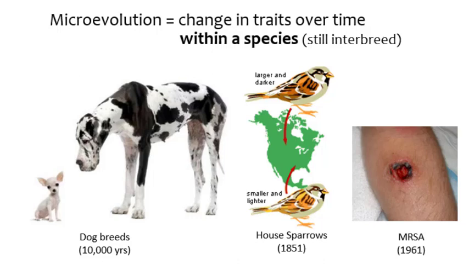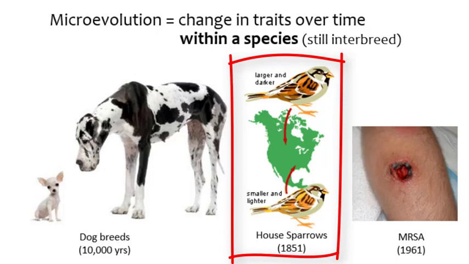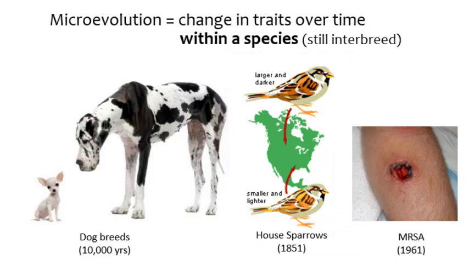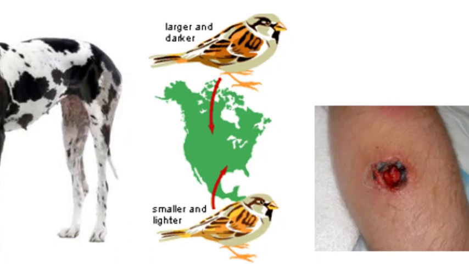Another example are these sparrows, which were introduced east of the Rockies about 200 years ago. Their populations grew and they spread out into northern and southern regions. Over time, the sparrows in the southern region grew smaller, which allows them to dissipate heat well, and their lighter color blends in better with that environment.